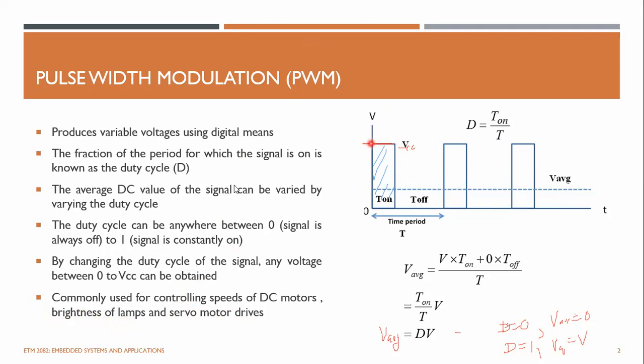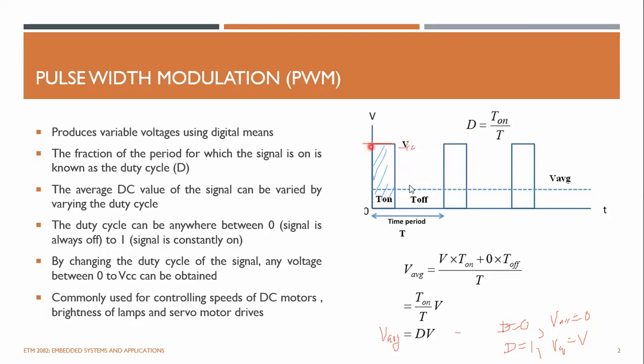If you apply this waveform to a DC motor, by adjusting the duty ratio D, you can increase or decrease the speed of the motor. If D is high, the motor is supplied with a quite large average voltage. If D is 0, the motor is turned off.